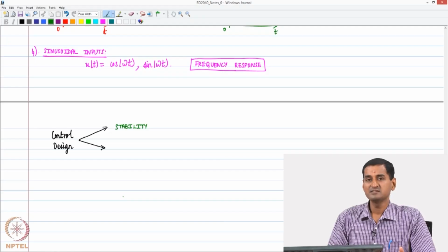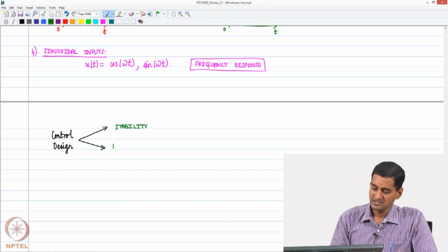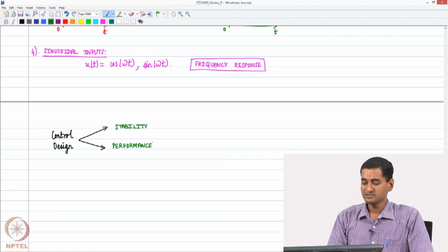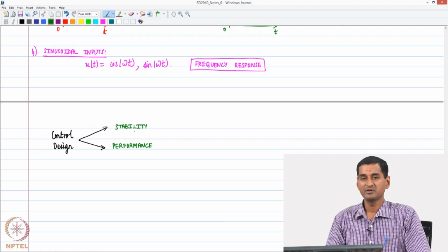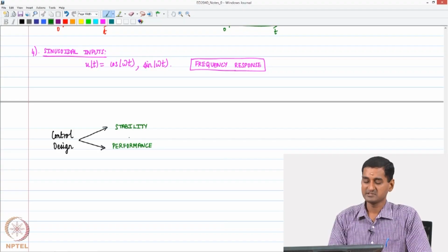The second thing is, once we design stable systems, we want to evaluate how those systems perform. So we are going to be interested in what is called performance. For us, stability is first of all paramount. Once we have stable systems, we worry about performance.